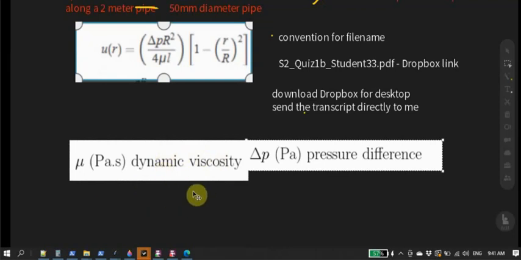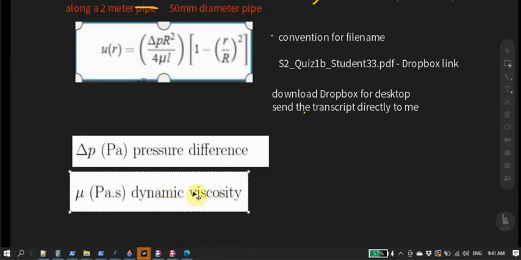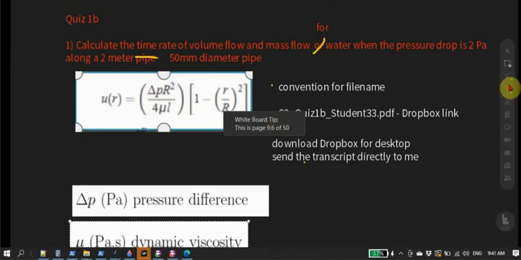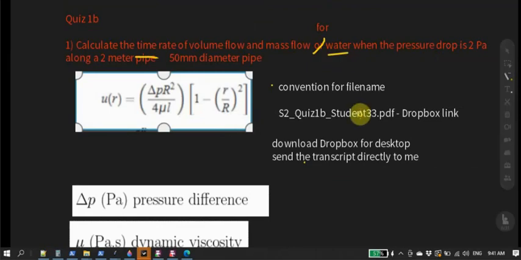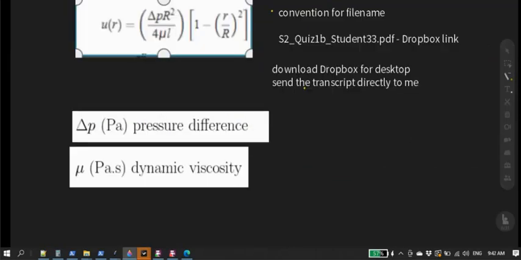And this dynamic viscosity varies with the fluid, right? So in this case, we are looking at water. So we have to find the dynamic viscosity of the water, right, to solve this problem.